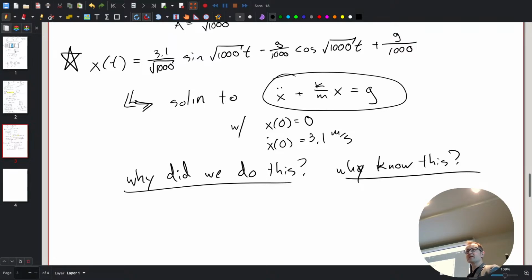Is there a range here? Yeah, we have initial velocity, right?